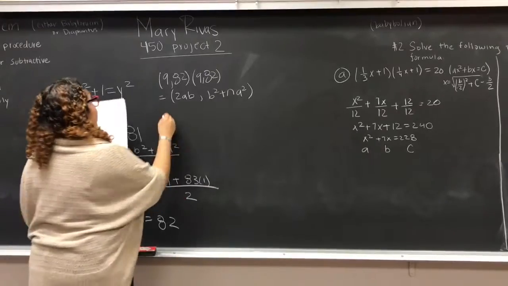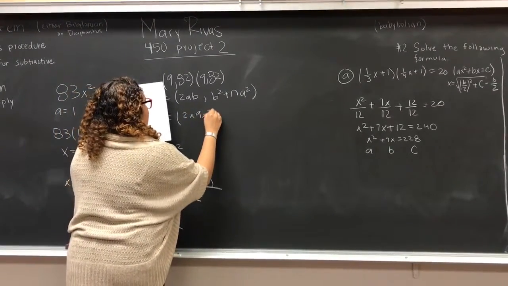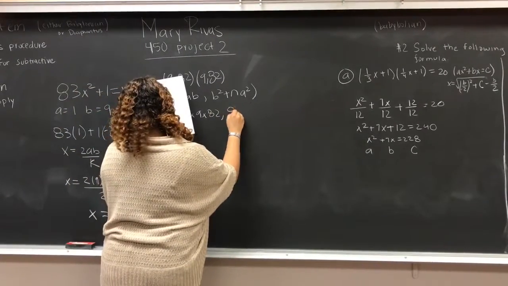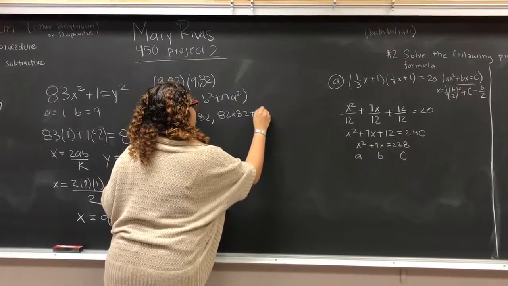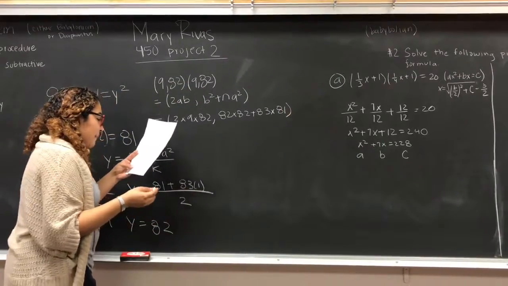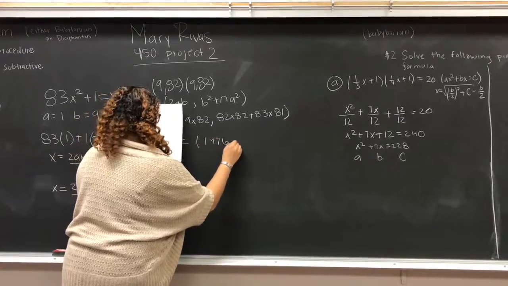If we solve for that, we get 2 times 9 times 82, comma, and then 82 times 82 plus 83 times 81, which is equal to 1,476.